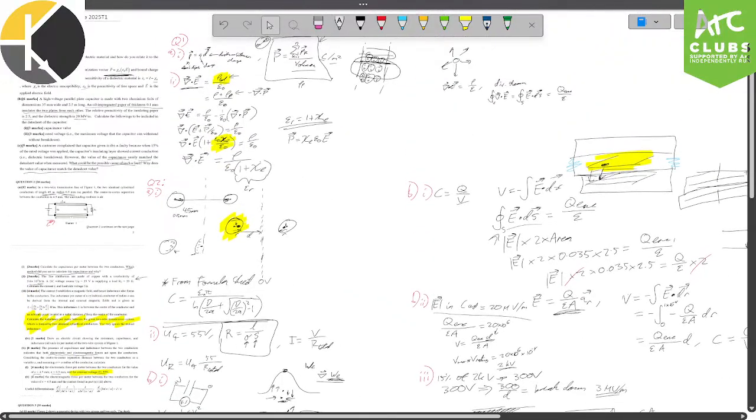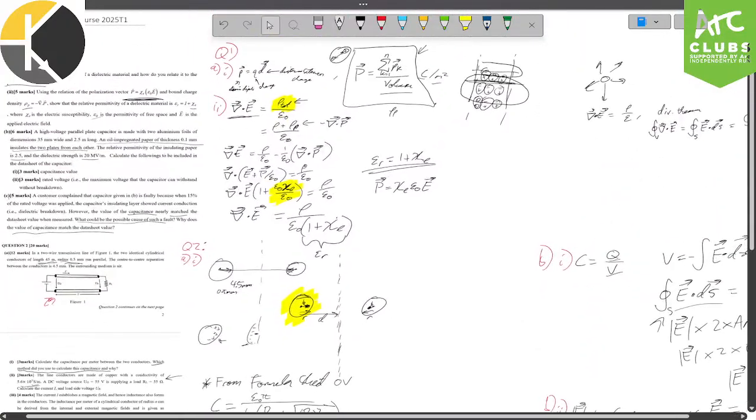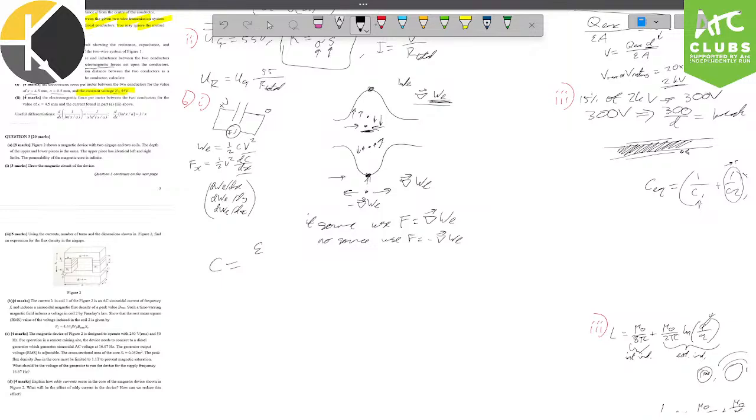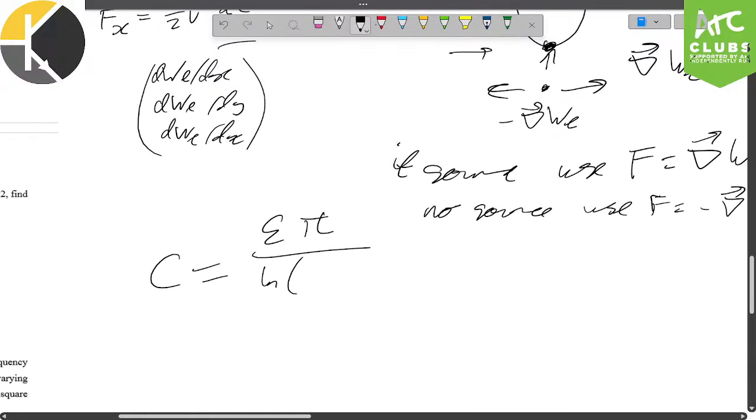the big ln that we approximate. Yes. So we're assuming for this scenario that we're going to be working with C equals epsilon pi on ln capital D on A. Okay?